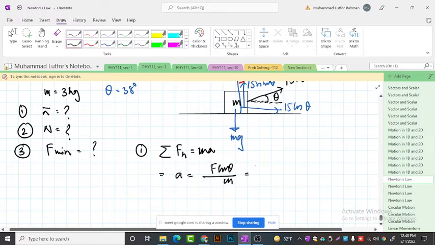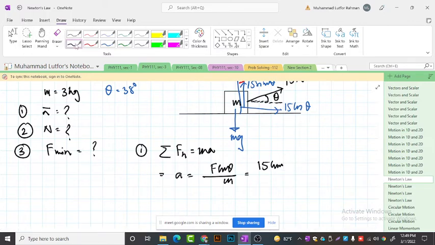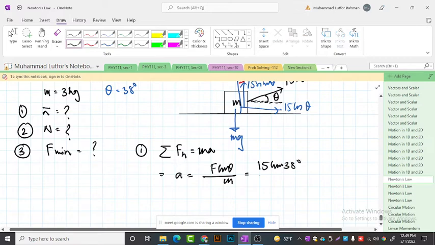So F cos theta is 15 cos 38 degrees, divided by m. m is 3 kg. Then I can find that the acceleration of this block would be 3.9 meter per second square.